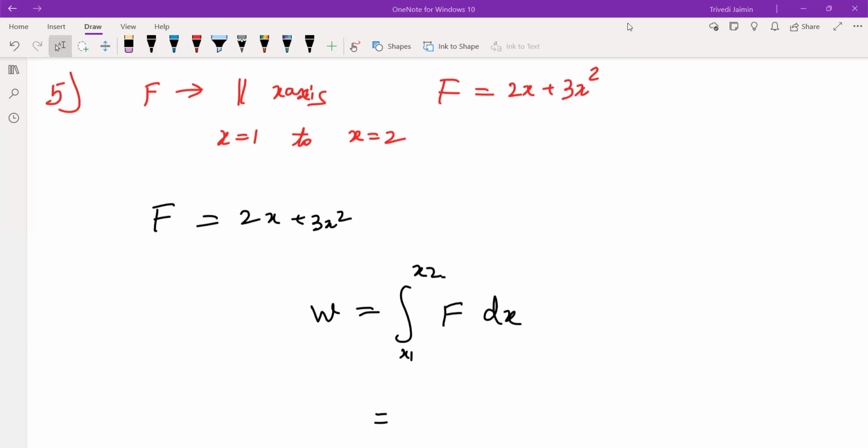Is Devanshika not there? Might be some internet issue.